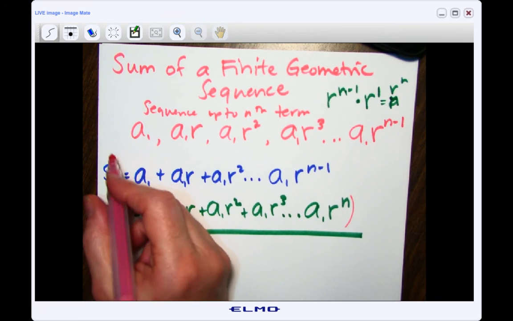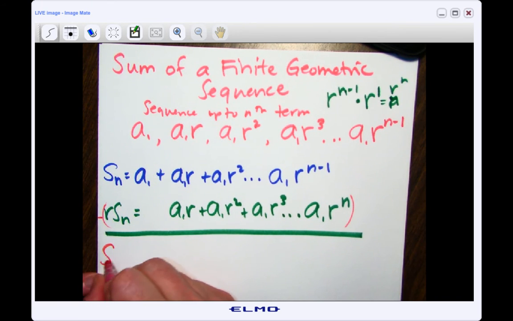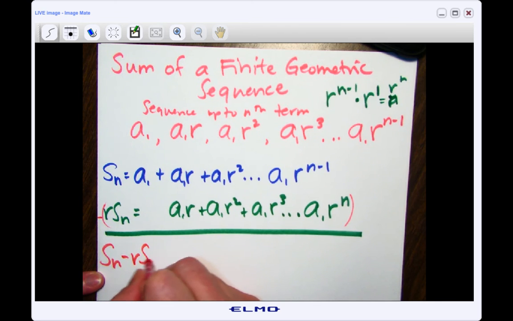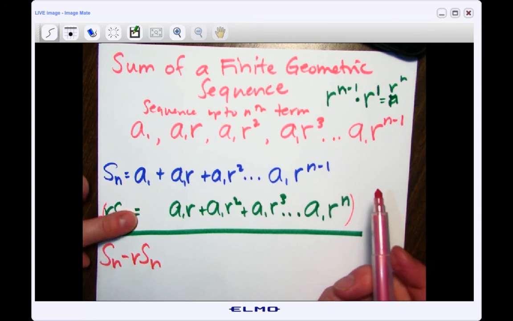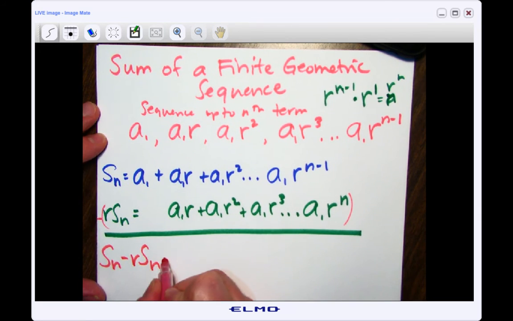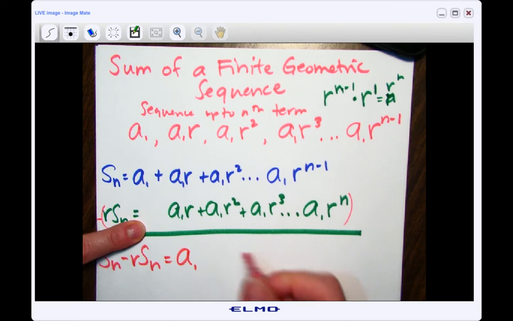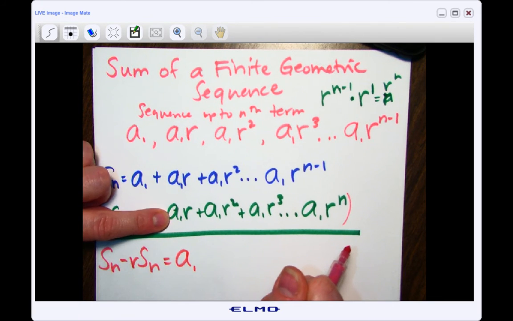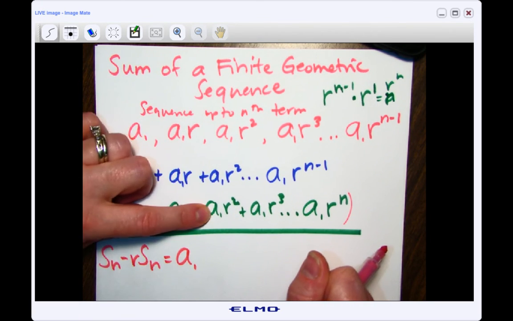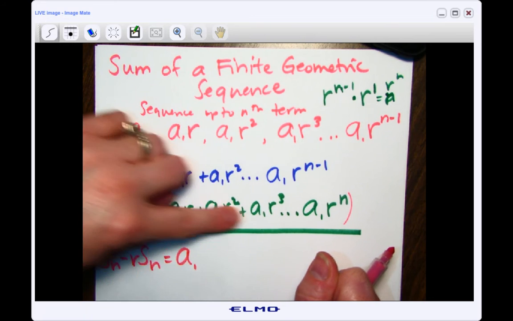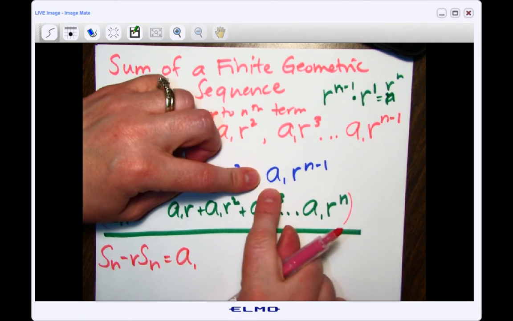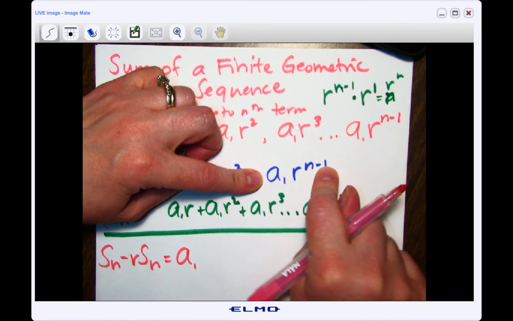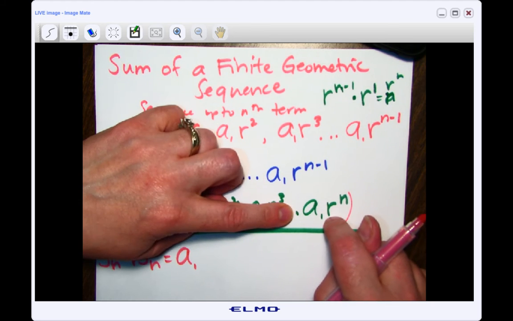So if I subtract them, we get s of n minus this one. And over here, there's no like terms with this one, so he just comes down. He's subtracting from a 0. These two, when I subtract them, I get a 0. I get a 0. All these middle ones are going to cancel out. There's even an a sub 1 r to the n minus 1 in here, right? That's the one right before this one.